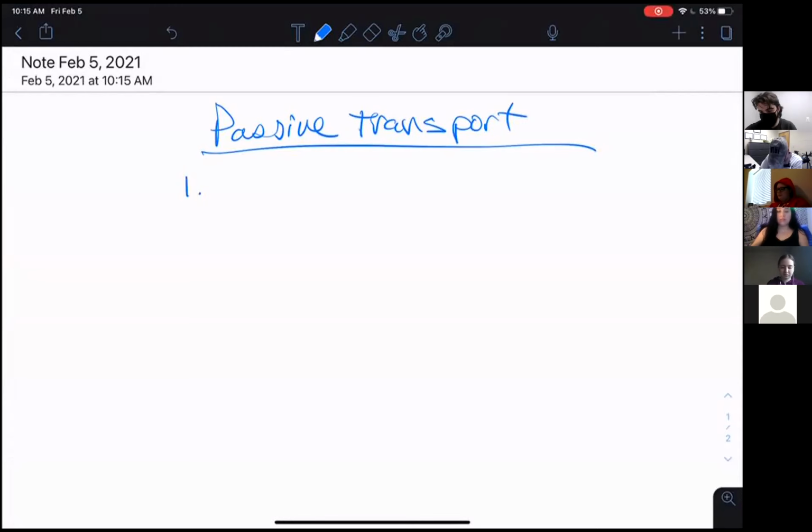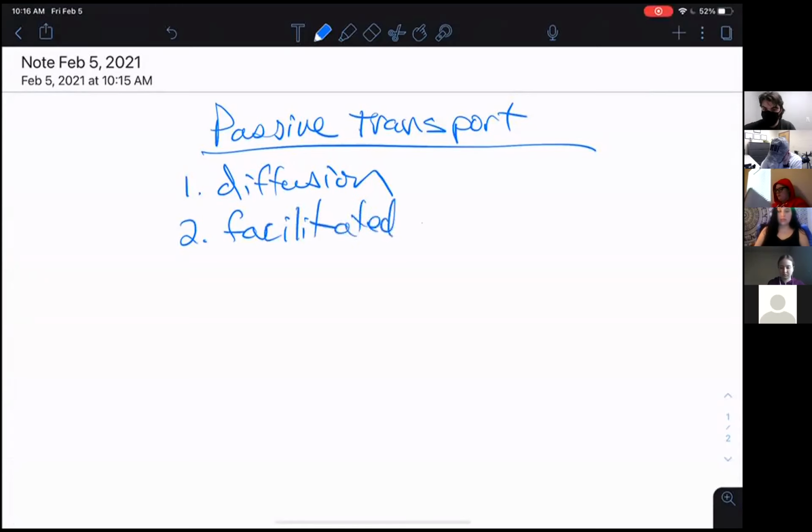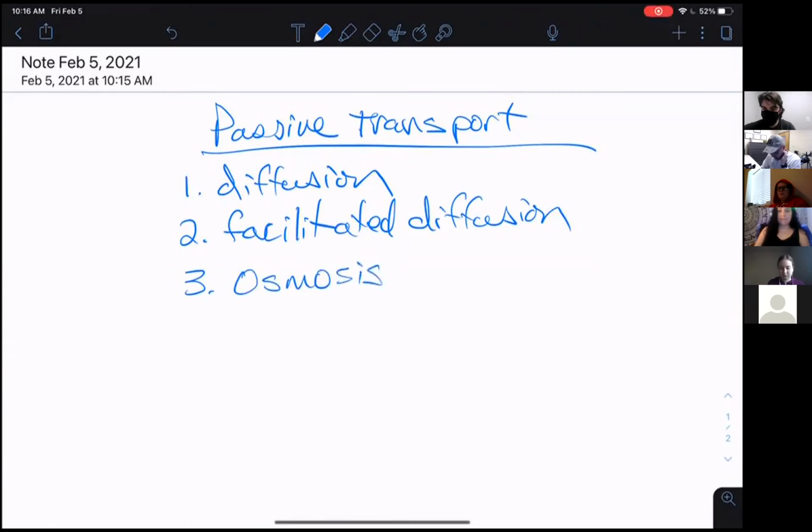Diffusion, facilitated diffusion, and osmosis. Okay, so those are our 3. We need to talk about each one of these 3 to make sure you know what they are, okay?